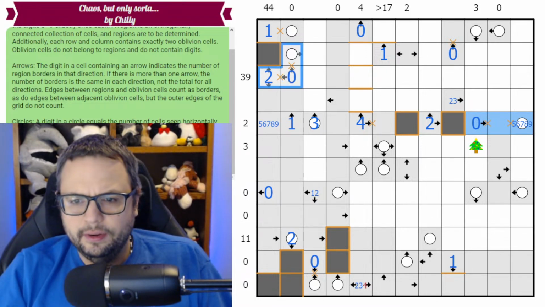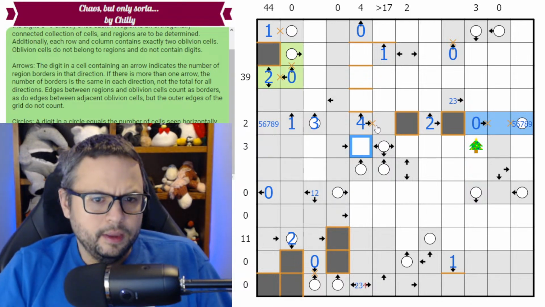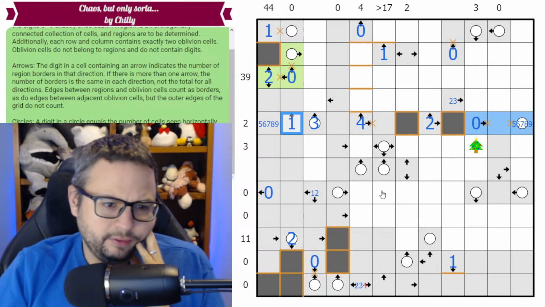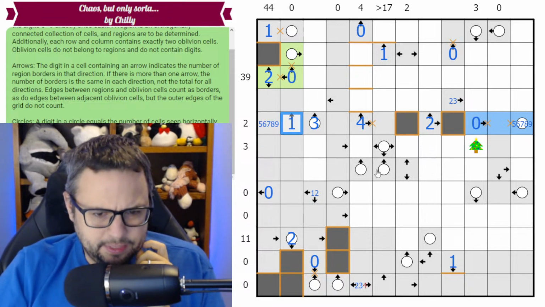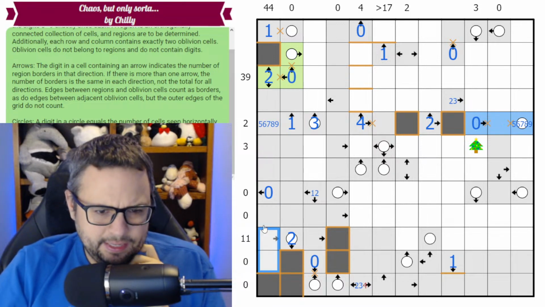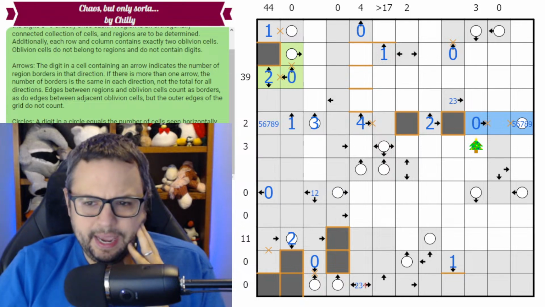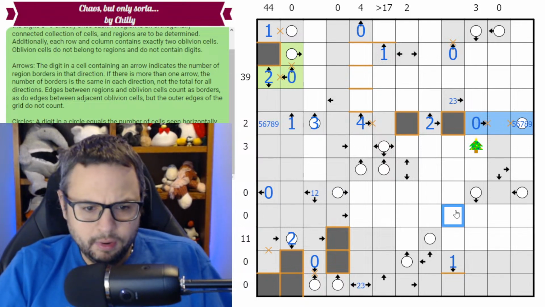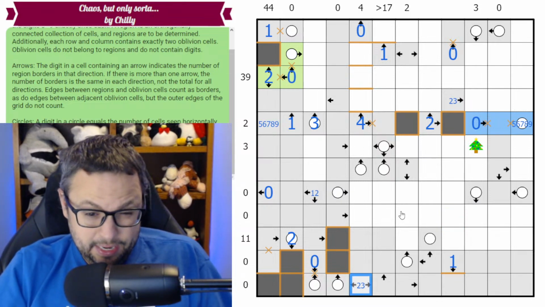Yeah, I can give these a color because these certainly are different from blue. There is one border in this column. And I don't know where it is yet. These certainly, I can make an X there. This can't be a 4 anymore. So it's only 2 or 3.